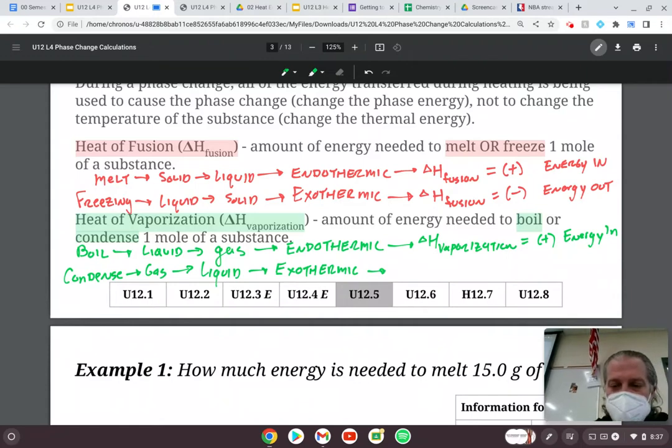And in that one, the delta H, or heat of vaporization, will have a negative value, and that again will be energy out.